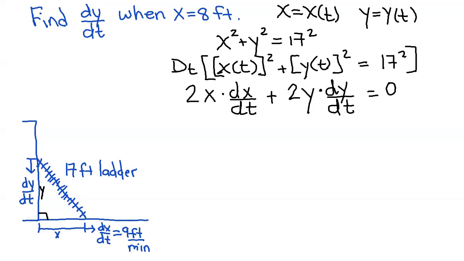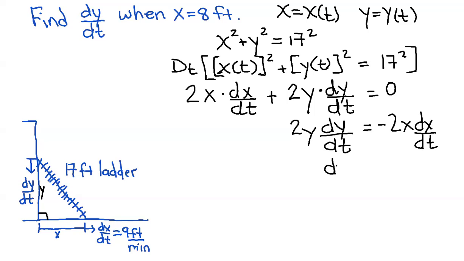So let us first completely solve for dy/dt by subtracting the 2x dx/dt term, and then we will divide by the 2y.